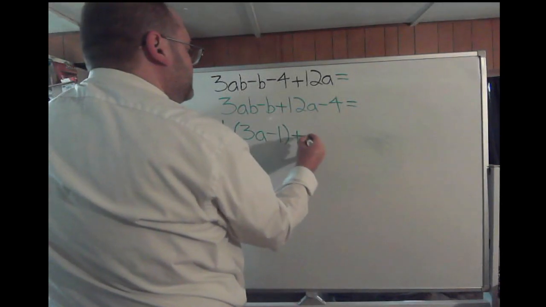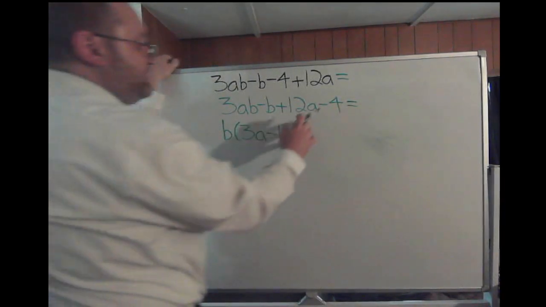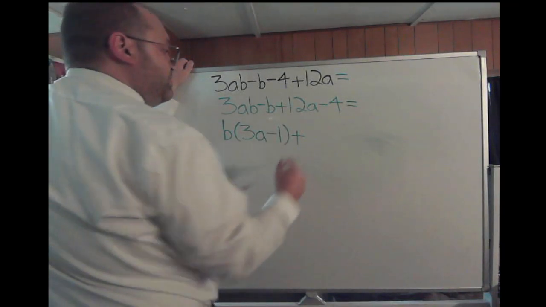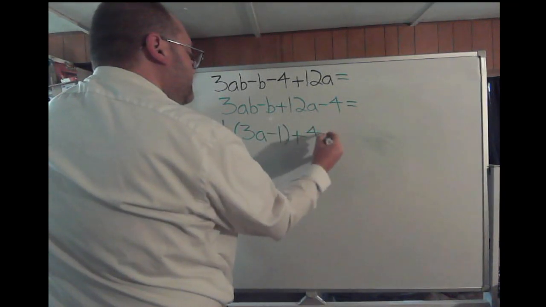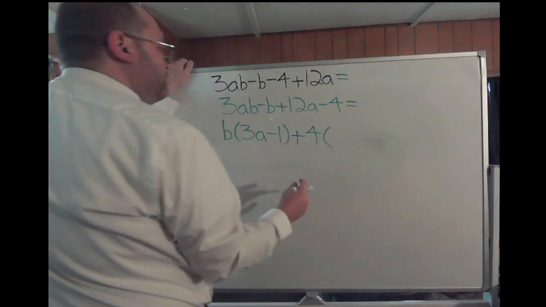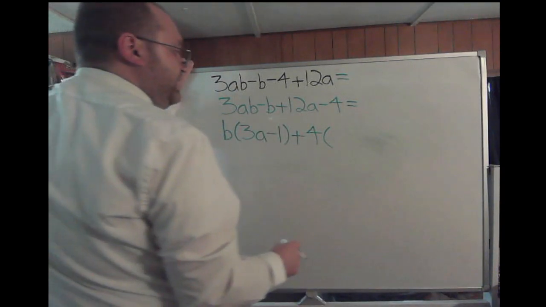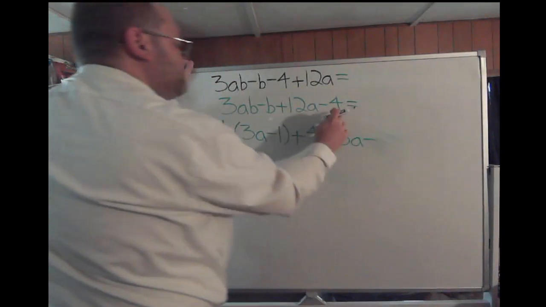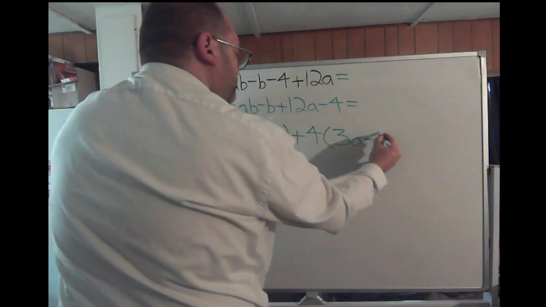Plus, we'll deal with the second set of terms. Between 12a and 4, what's the common factor? Definitely 4. Alright, factor out your 4. 4 times what equals 12a? Well, that'd be 3a. Minus 4 times what equals 4? That'd just be 1.